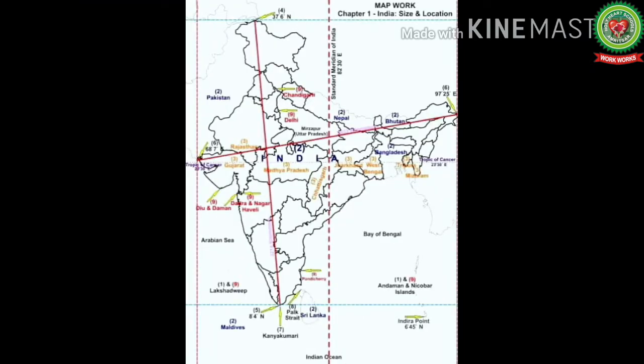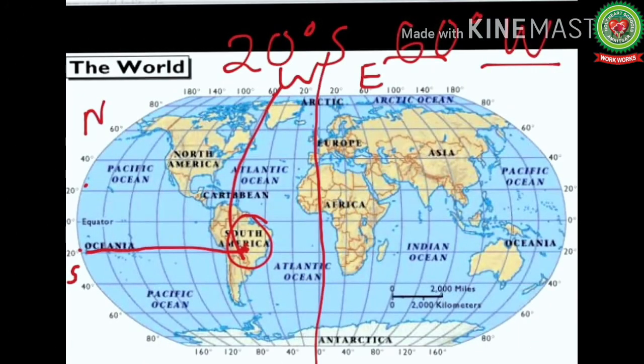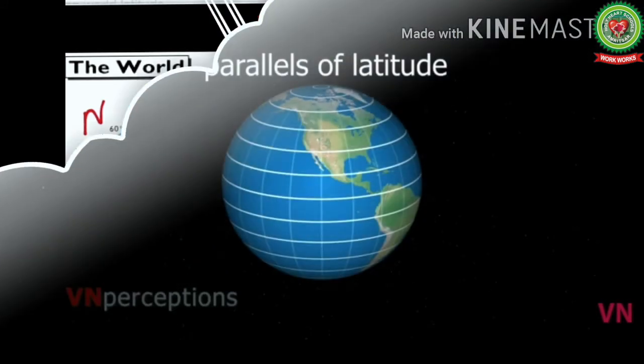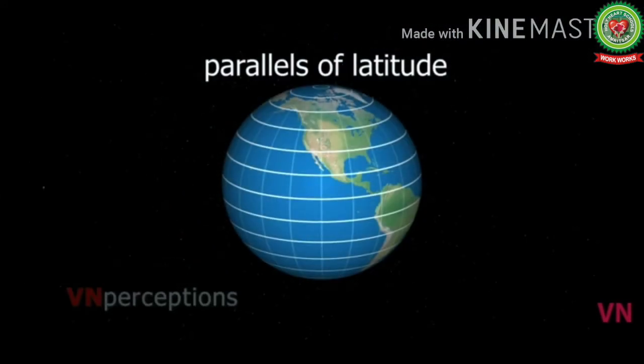With this we come to know that India lies in the northern and eastern hemisphere, and the grid formed by these latitudes and longitudes helps us to know the exact location of a place, that is India. In a similar manner, we can find the location of any place on the globe with the help of these latitudes and longitudes. Next we are starting with the concept of latitudes.